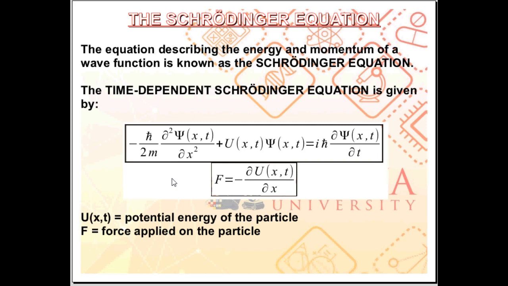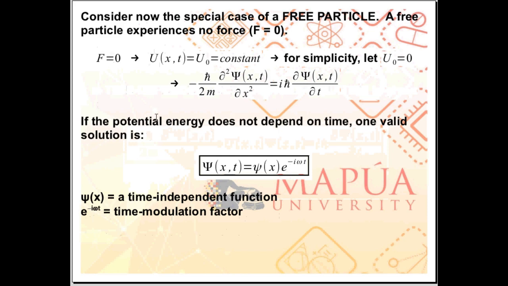That means U is constant. If U is constant, the potential energy of the particle does not change. For simplicity, let us consider U to be 0.